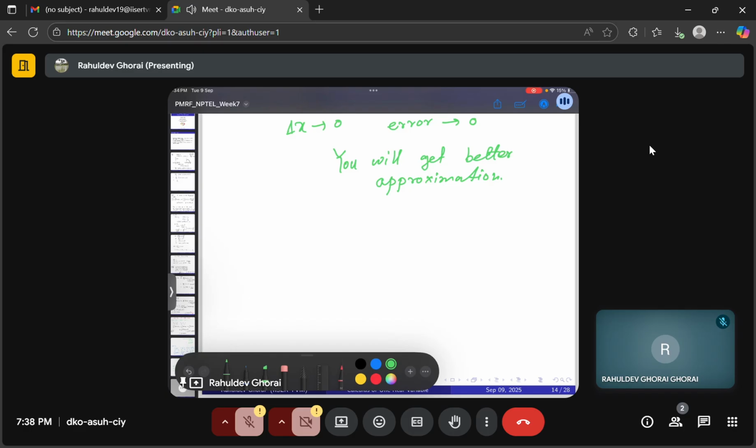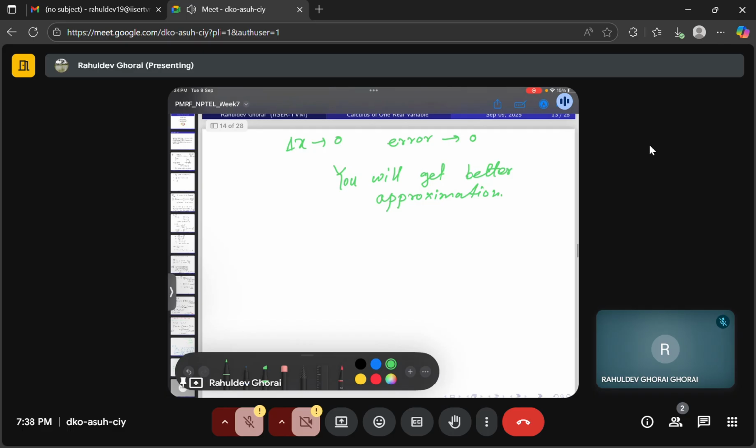So you only need to remember the formula for when n is equal to 2, the number of intervals being 2. Then you have this for the trapezoidal rule, integral a to b of f(x) dx. Of course, I am always talking about n equal to 2, where del x will be (b minus a) over 2.